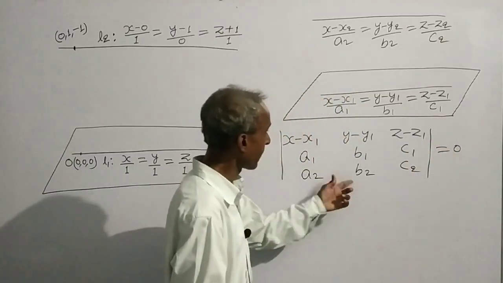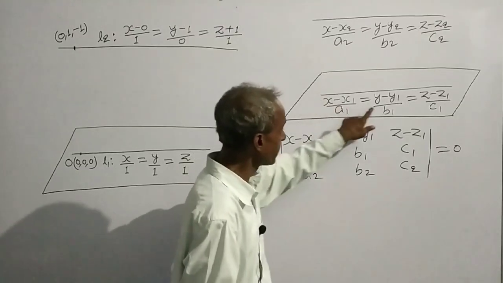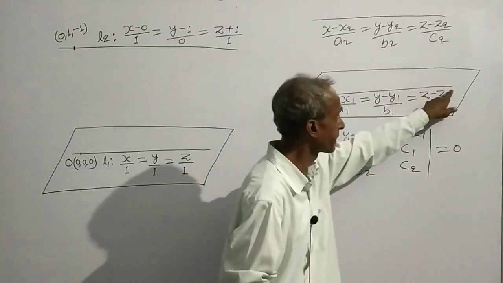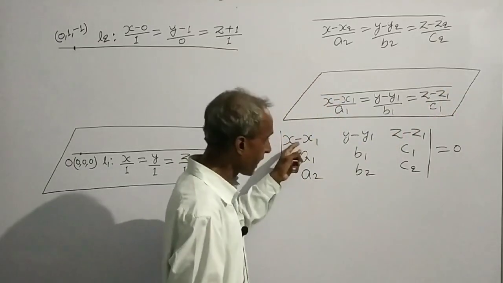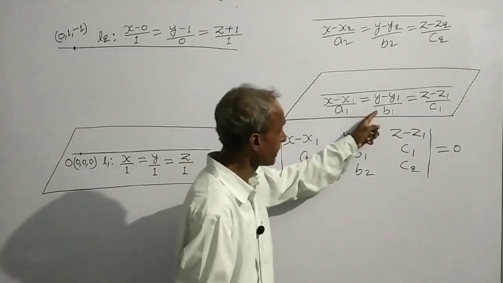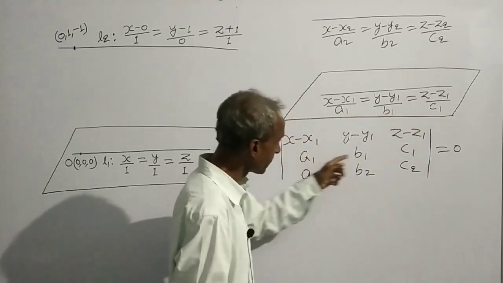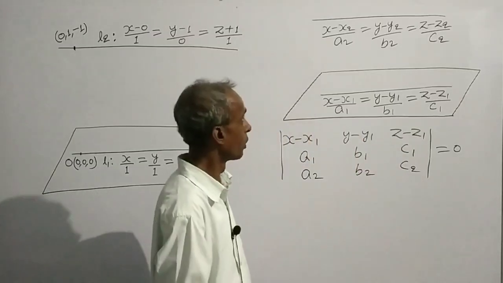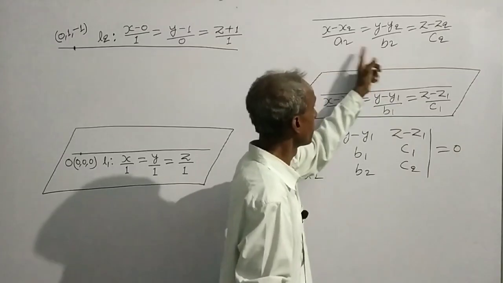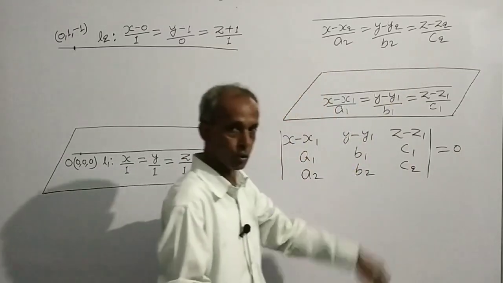In this determinant, numerator in these three ratio x minus x1, y minus y1, z minus z1 is written in first row. Denominator in these three ratio a1, b1, c1 is written in the second row and denominator in these three ratio a2, b2, c2 is written in the third row.